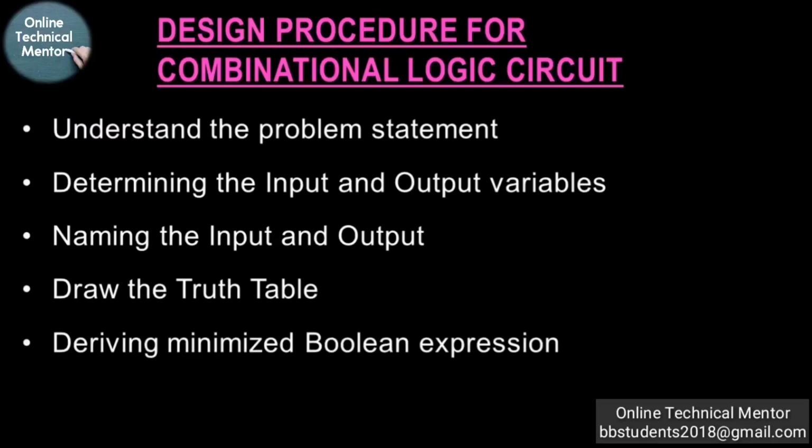Since you have a truth table for a functionality, you can derive a Boolean expression from that truth table. For minimizing or simplification, you can use K-map or the simple algebraic method. At last, using this Boolean expression, draw the logic diagram.